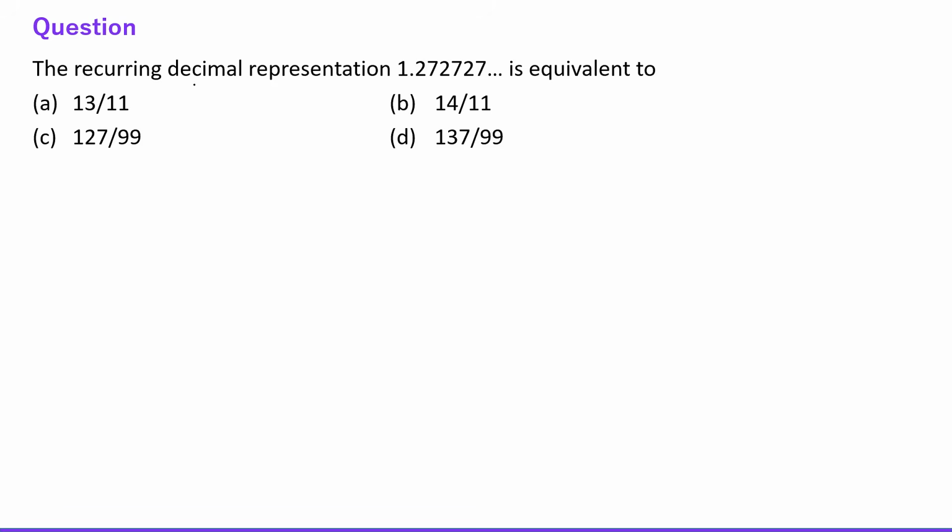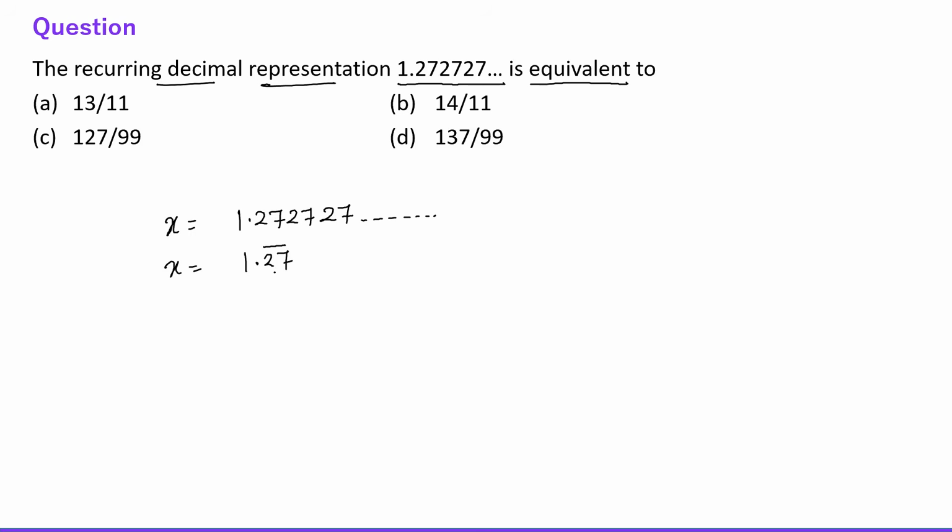Next question is, the recurring decimal representation 1.272727 is equivalent to. Let us assume this as x. 1.272727. This implies x is equal to 1.27 bar.